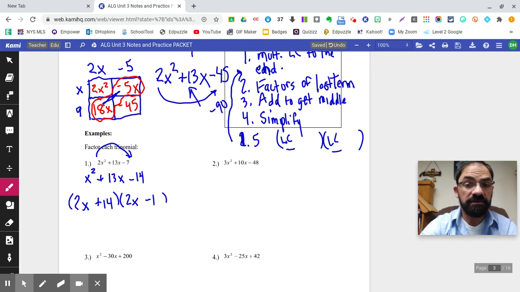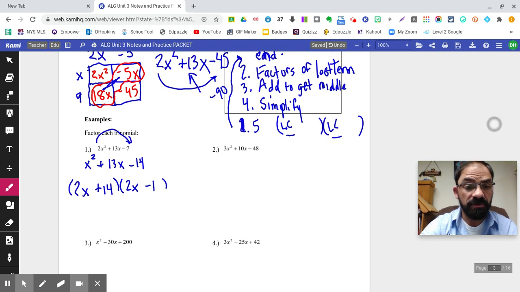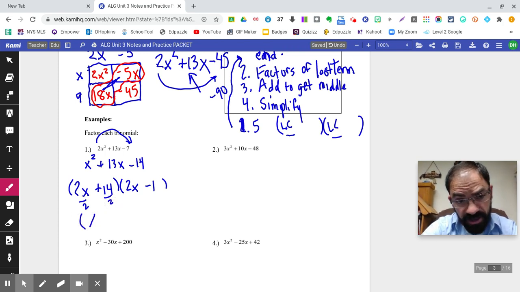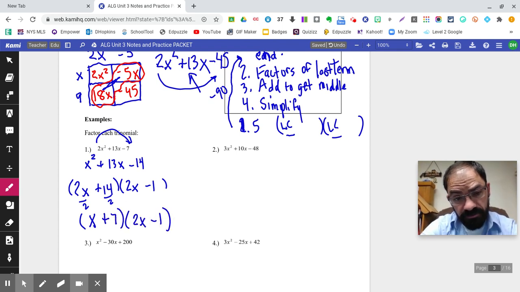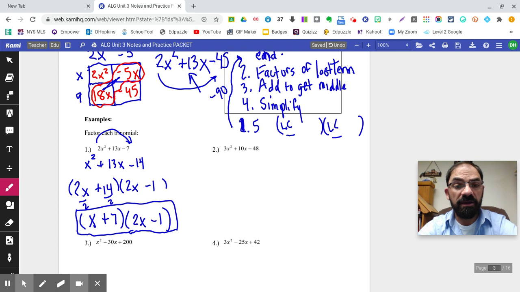Now, step 4 I said was simplify. What I mean by that is these both have a GCF and can be divided by 2. So that would be x plus 7, 2x minus 1. Now, if I use the box method on the product of these two binomials, I will get that back.